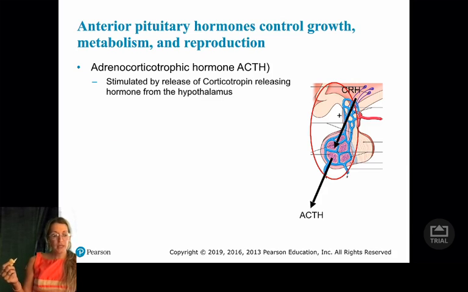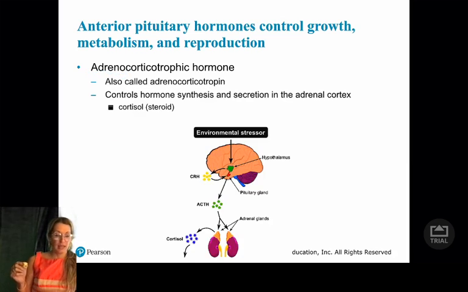Adrenocorticotropic hormone is stimulated by corticotropin releasing hormone from the hypothalamus. It stimulates the adrenal glands. That's adrenocorticotropic hormone. It controls synthesis and secretion in the adrenal cortex.